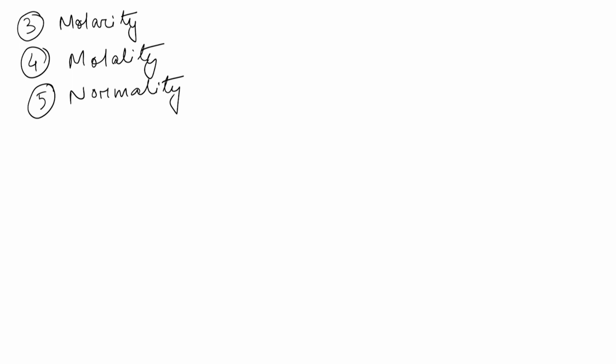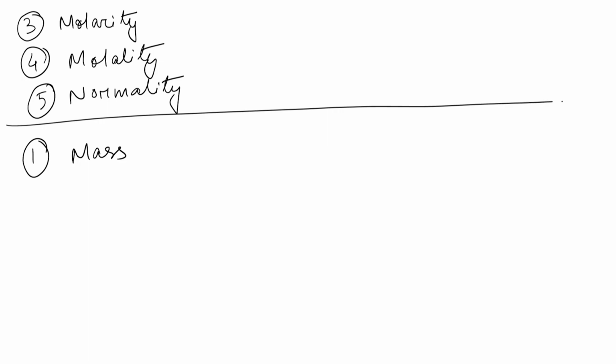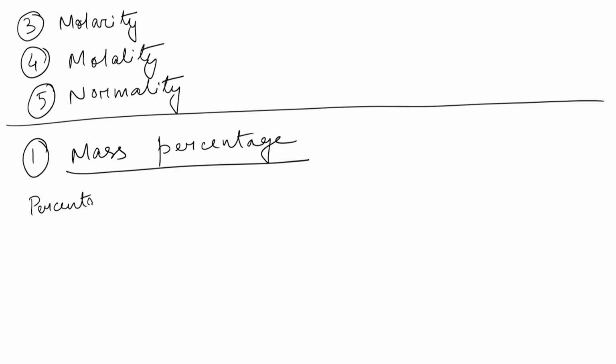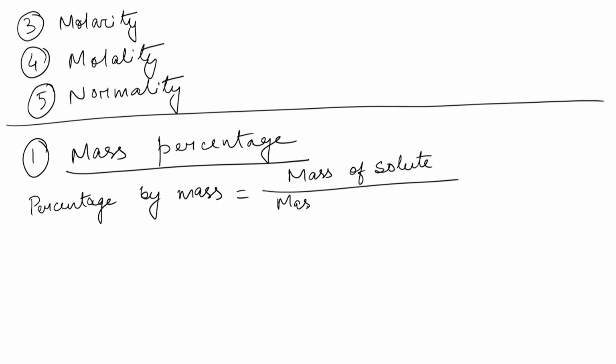The first one is mass percentage. Percentage by mass is equal to mass of solute divided by mass of solution, into 100.